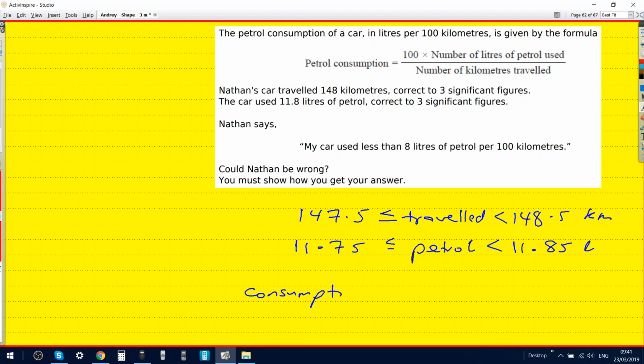You could try both. So do I do 100 times 147.5? Oh no, times 11.75 over 147.5.